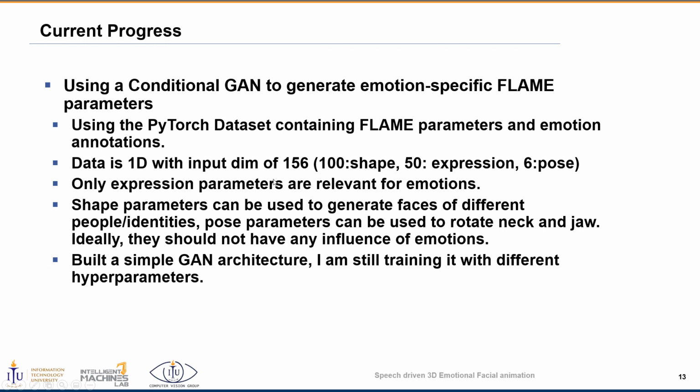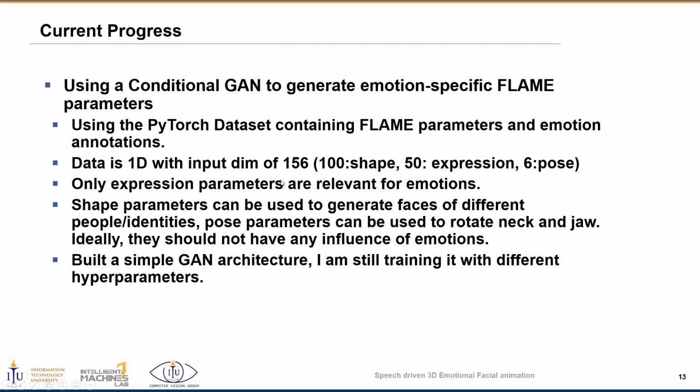The FLAME parameters are basically of size 156 and one-dimensional, and there are 100 shape coefficients, 50 expression, and 6 pose coefficients that we have captured from the Workspace dataset. So FLAME can produce a really high quality 3D head model from just this amount of parameters.